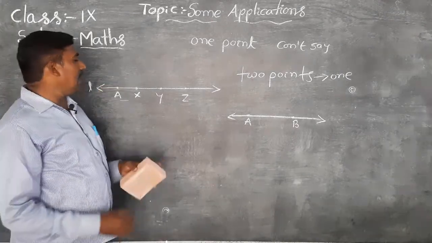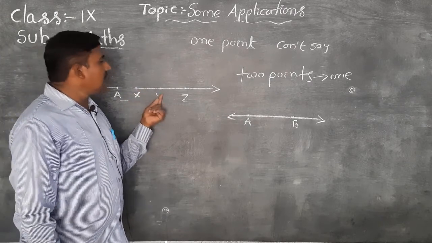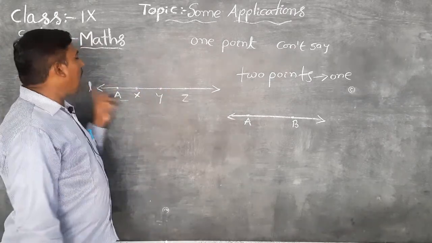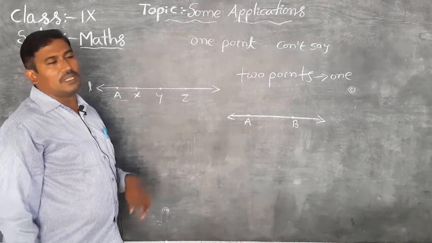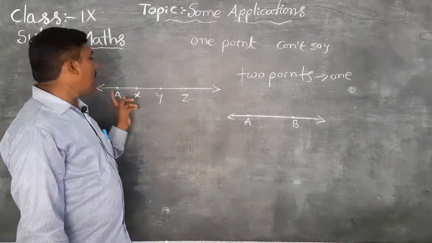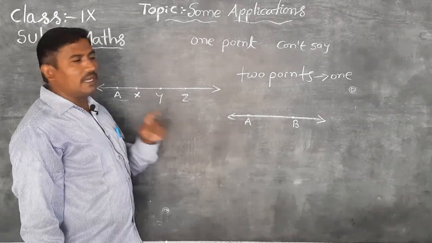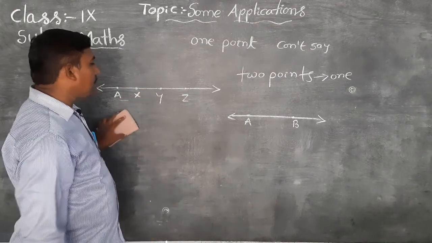On the L line, there is point A, point X, point Y, point Z. Those 4 points are all in one line only. Those points are called collinear points.